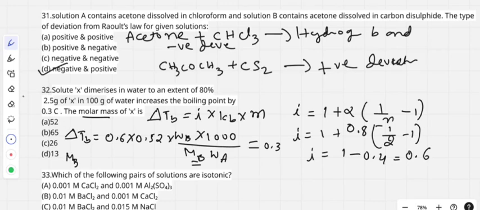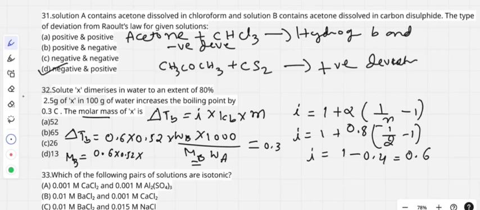So we have Mb is equal to 0.6 into 0.52 into, see what is Wb here.